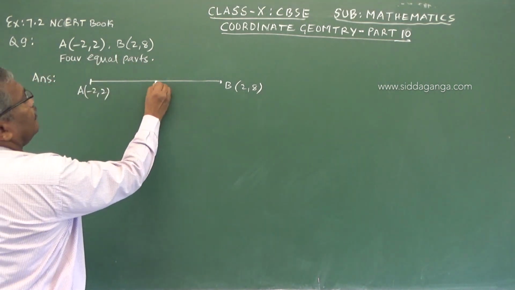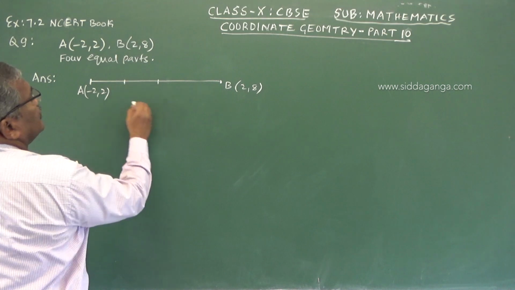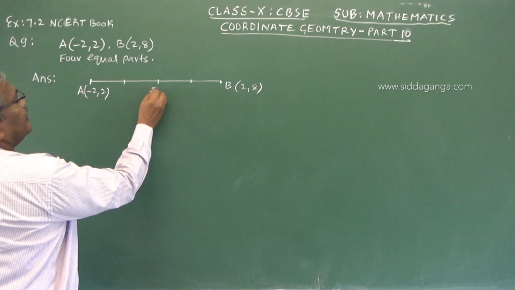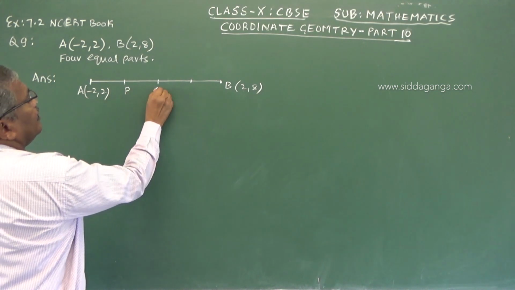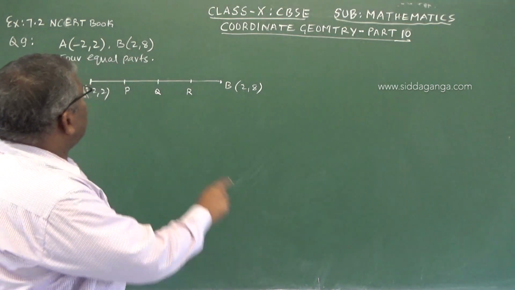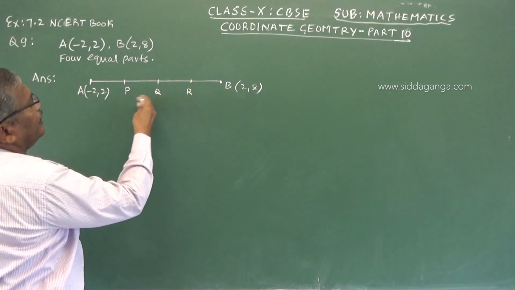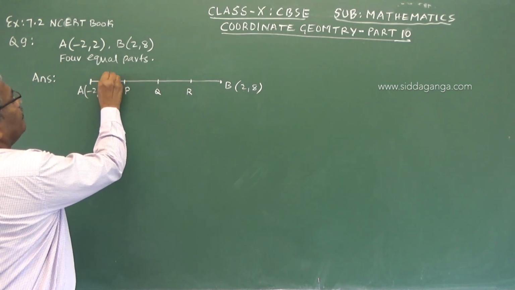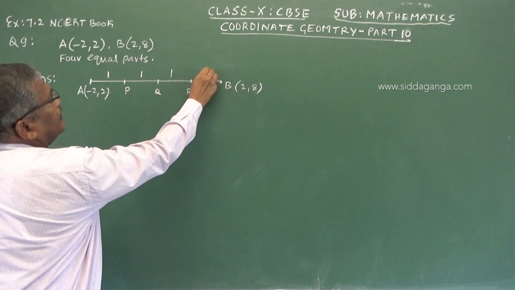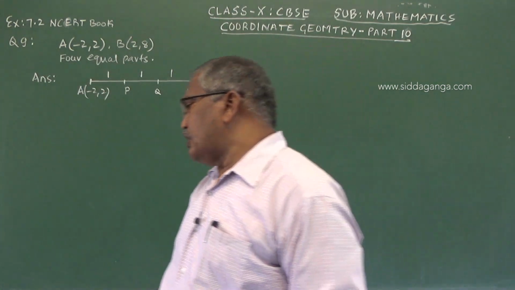That means we will have 3 points, one in the middle, and at the 1/3 point and 2/3 point. So we have to find the coordinates of P, Q, R. These 3 points divide AB into 4 equal parts. If I take this as one part, this is also one, this is also one, this is also one. That means AB is divided into 4 equal parts.